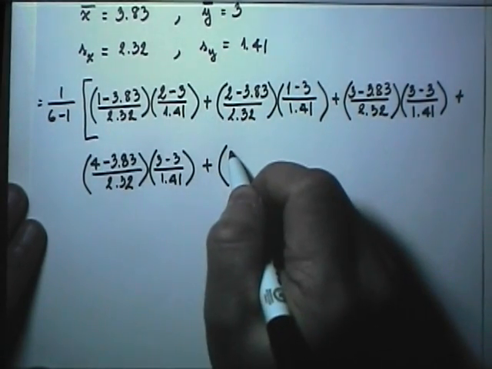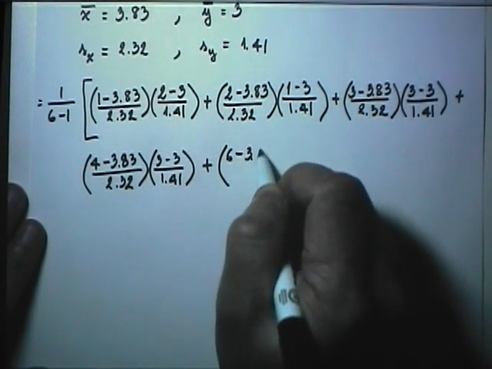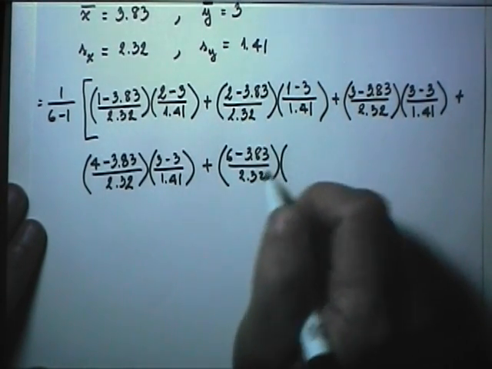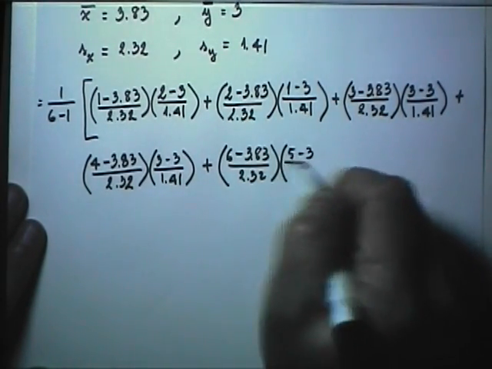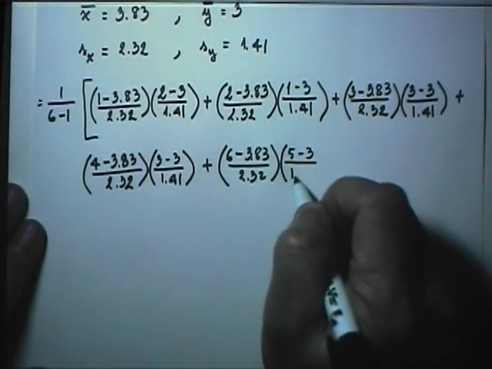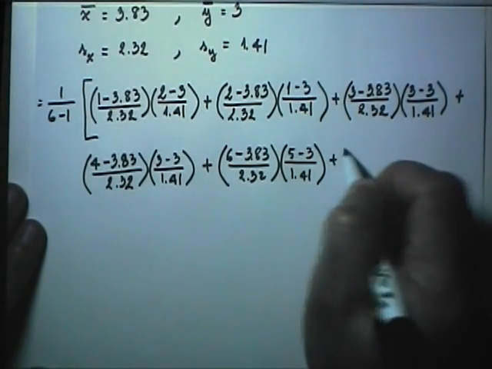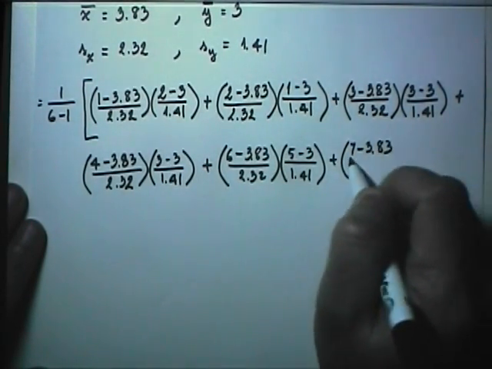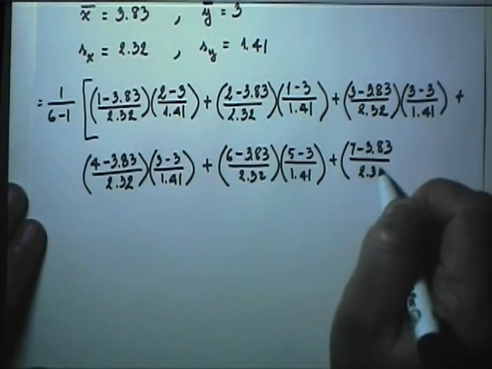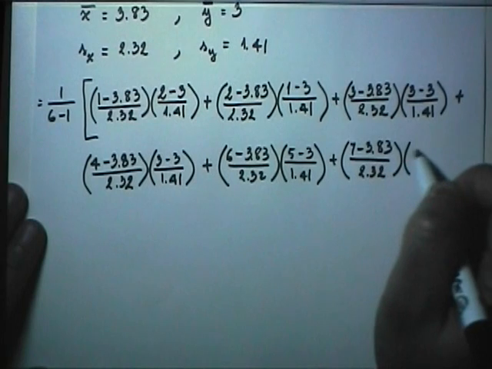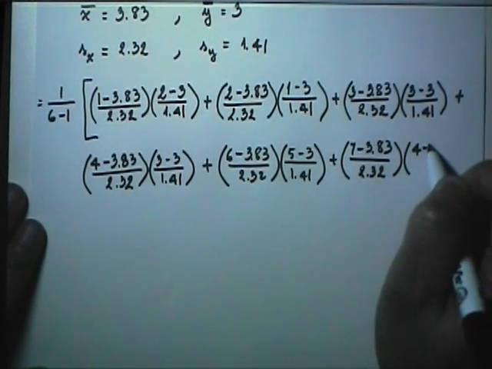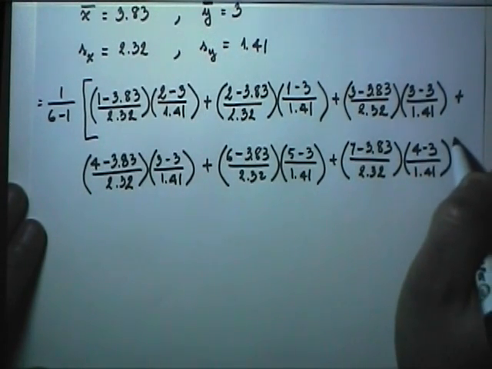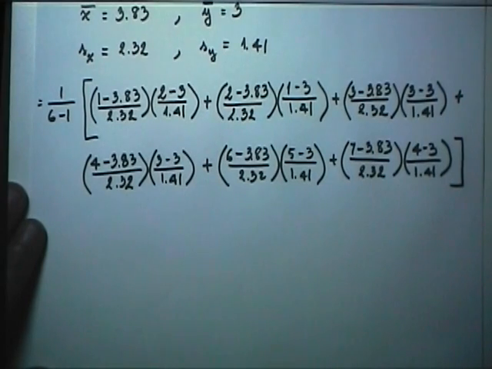Then the next point, 6 minus 3.83 divided by 2.32, times 4 minus 3 divided by 1.41. This is where I close my square brackets.